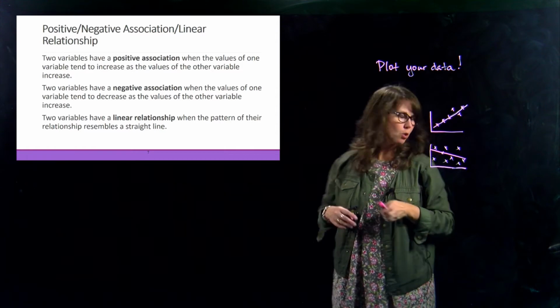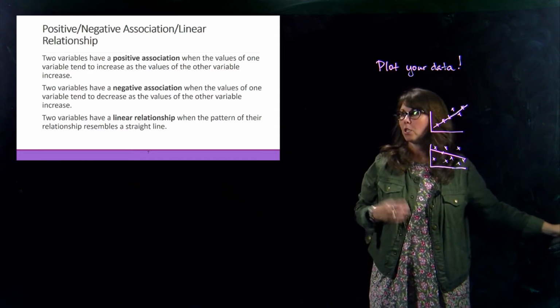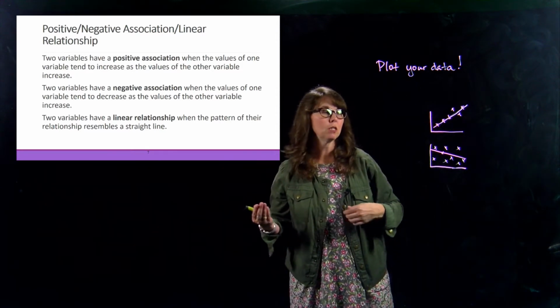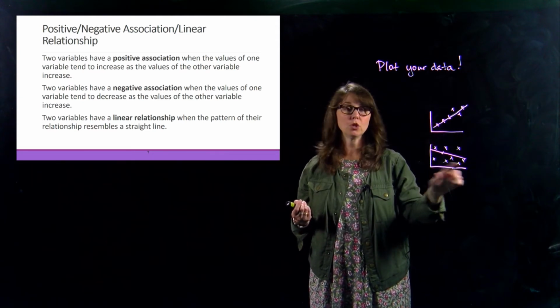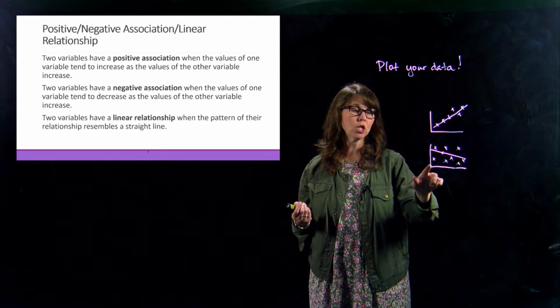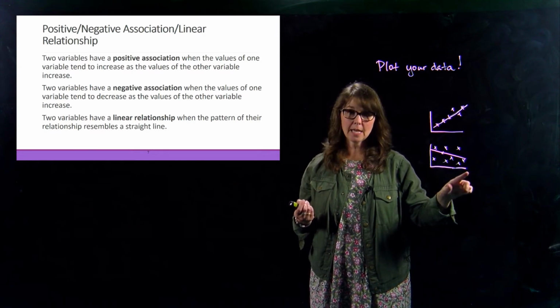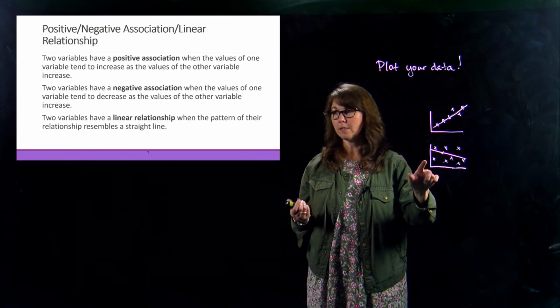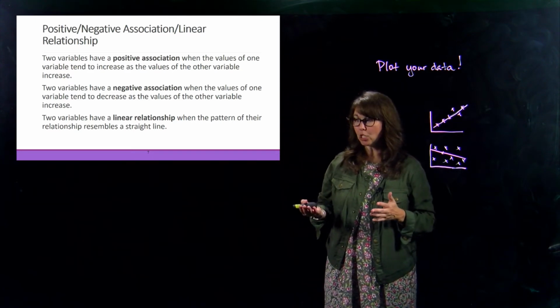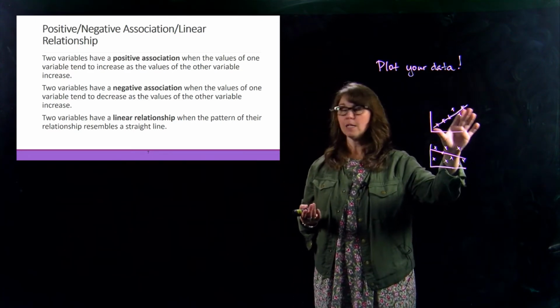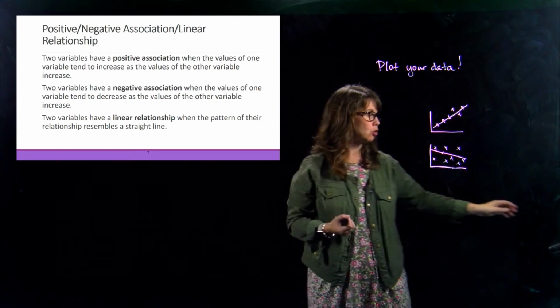Okay, so again, I'm just going to reiterate what I've said. Two variables have a positive association if as x increases, y increases. Two variables have a negative association if as x increases, y decreases. Finally, two variables have a linear relationship when the relationship seems to represent a straight line.